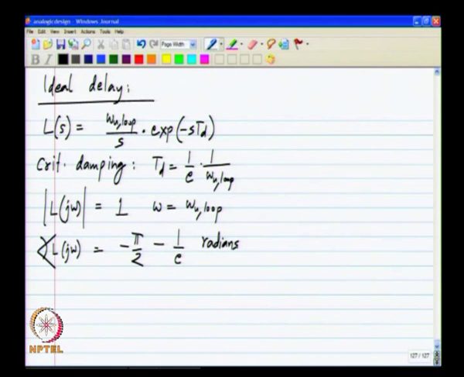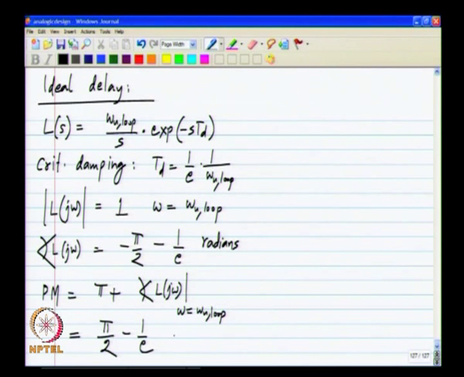Okay. So, the phase margin, which is pi plus angle of L of j omega at omega being omega u loop, is pi by 2 minus 1 by E radians, which corresponds to 69 degrees.